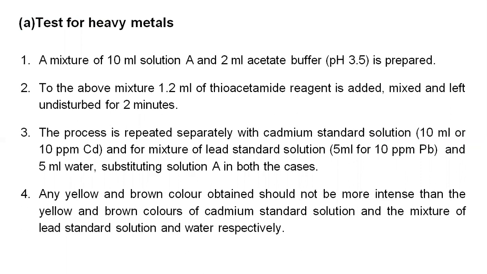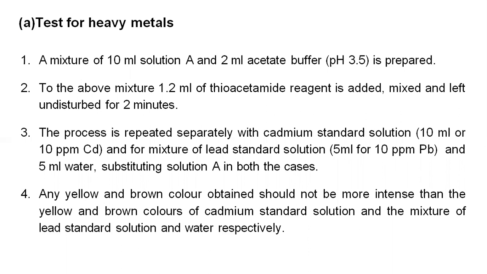Test for heavy metals. A mixture of 10 ml solution A and 2 ml acetate buffer is prepared. To the above mixture, 1.2 ml of thioacetamide reagent is added, mixed and left undisturbed for 2 minutes.